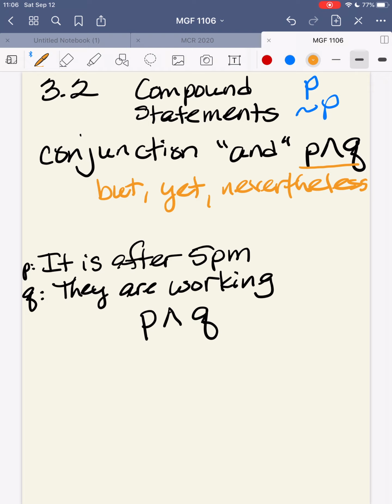And I want to go ahead and make a statement for P and Q. All right. So P is, it is after 5 p.m. And they are working.